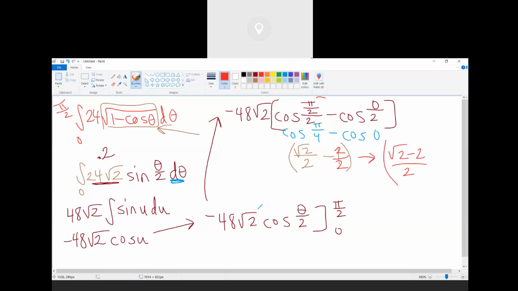And we have to multiply by negative 48 square root of 2. Let me go back up here. I'm sorry.